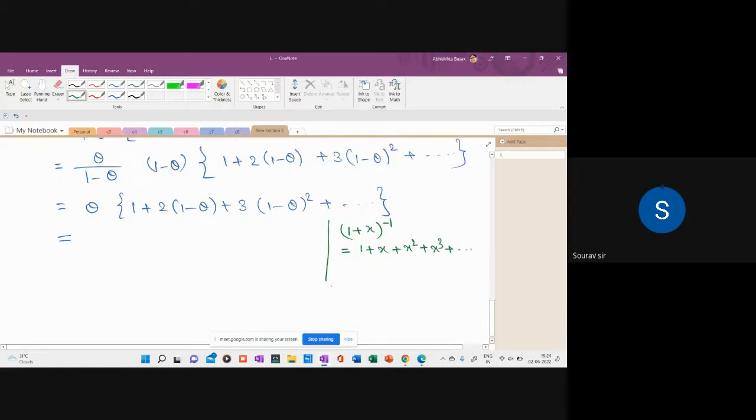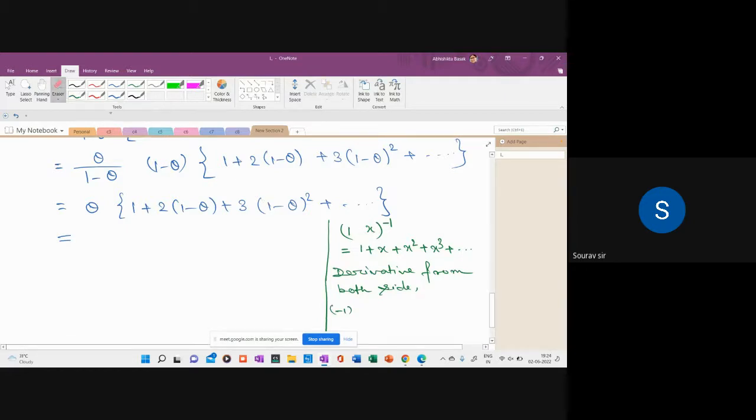Okay, now I am doing the derivative of this formula from both sides. What is it going to give me? Minus 1. Sorry, I have written this wrong.